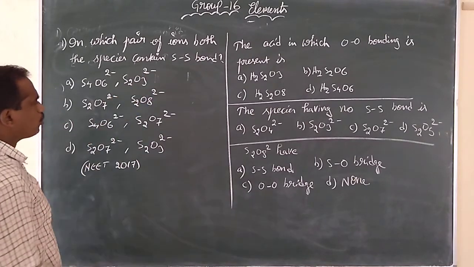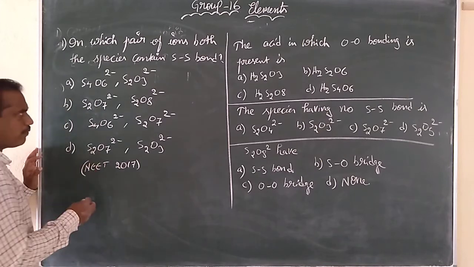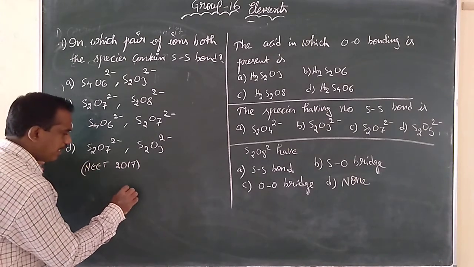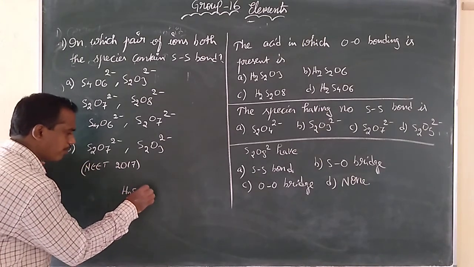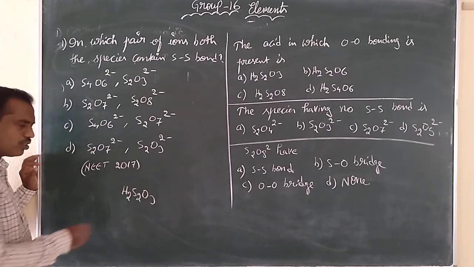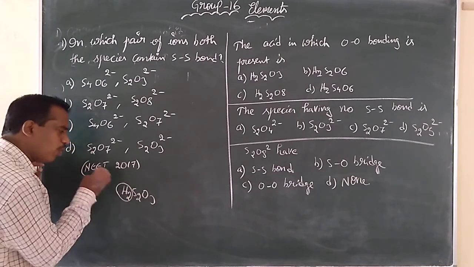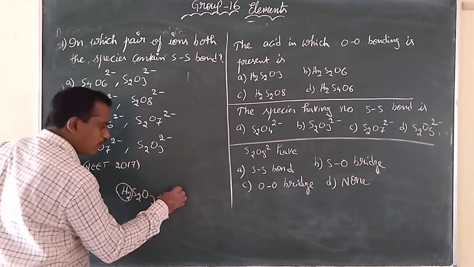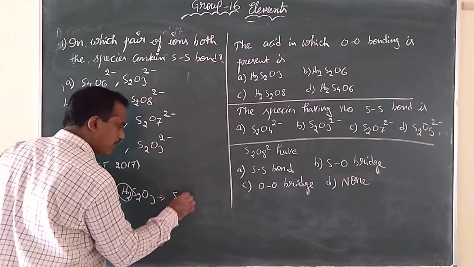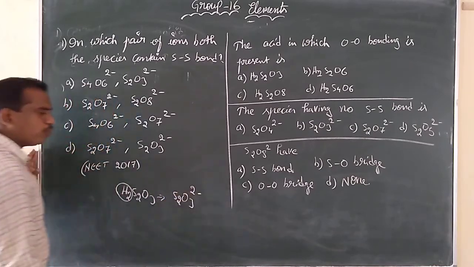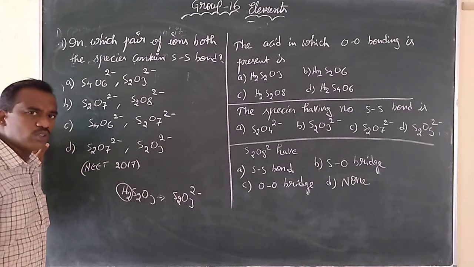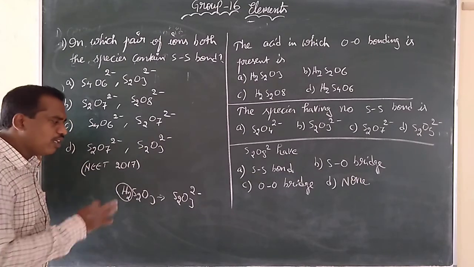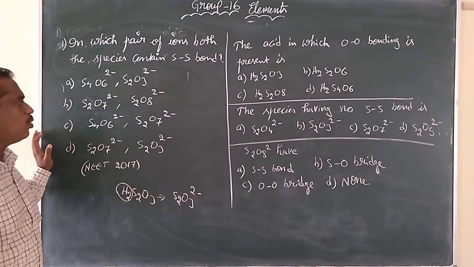S2O3 2 minus means, for example, our H2S2O3, after losing two of the hydrogens, what will be the charge remaining? S2O3 2 minus, is it not? So that's what we call S2O3.